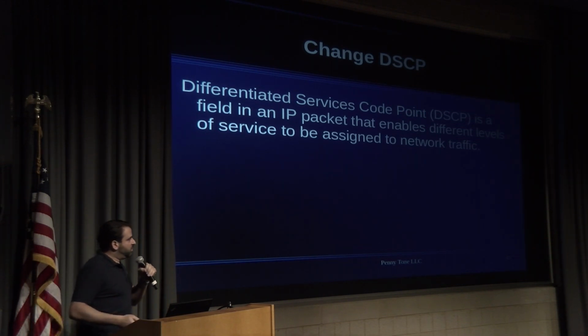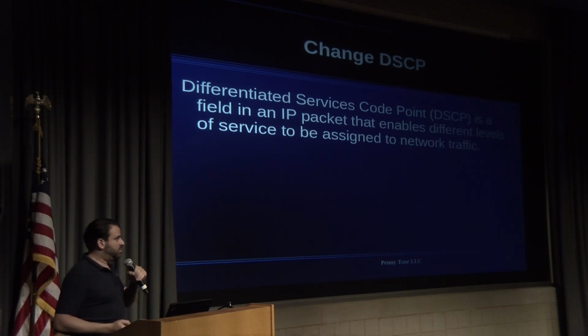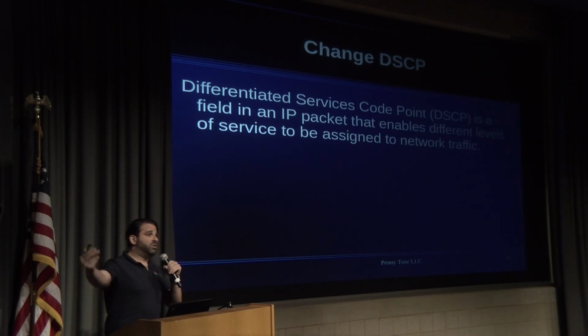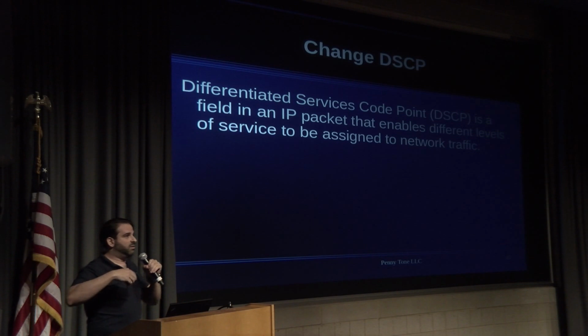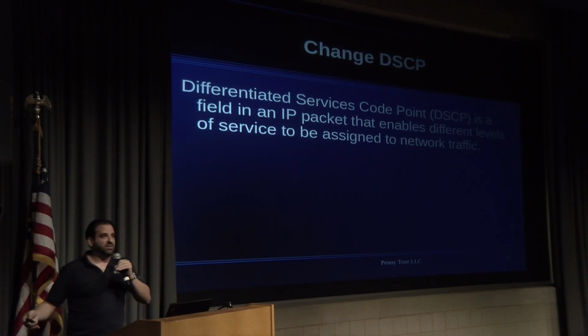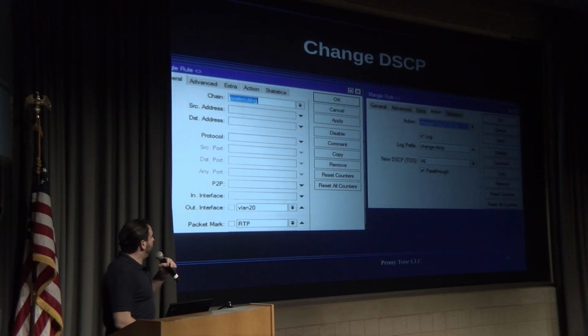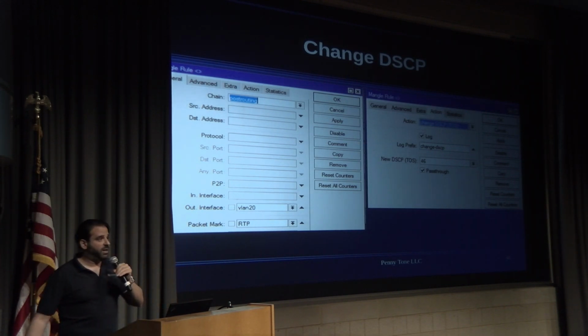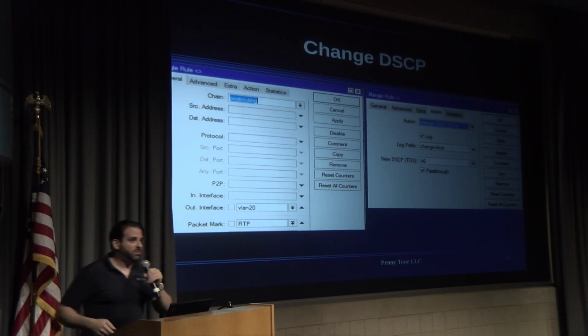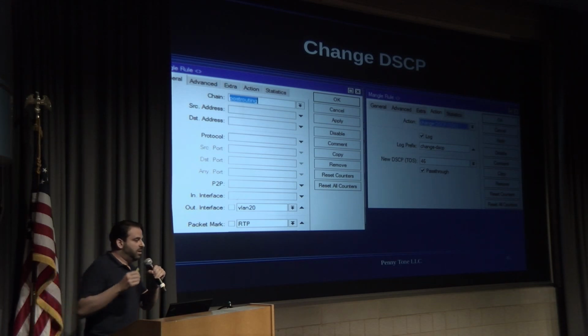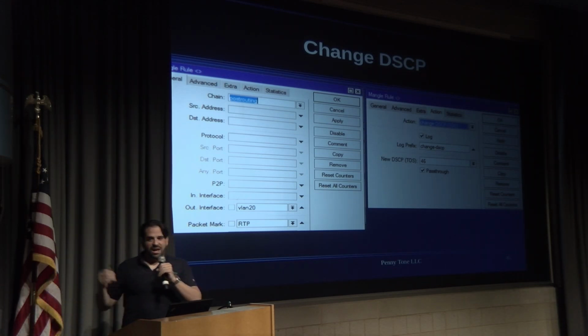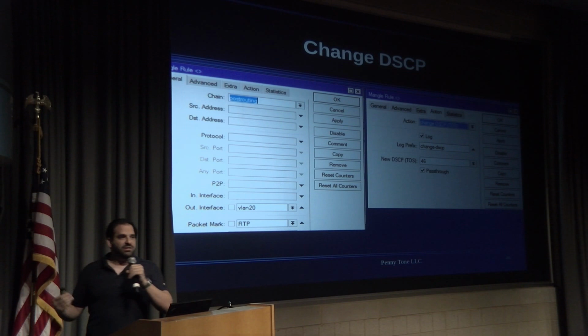Now, in this example, I've actually chosen to mark packets that return, that come back in from the internet. Because packets that come in from the internet aren't going to have any DSCP values. Why not mark them at its first point of entry? So over here again, I create a new Mangle rule. And the chain is going to be post-routing. Post-routing is when the packets get processed after the MikroTik has made a routing decision.